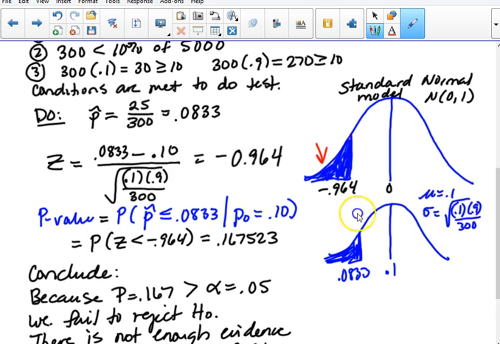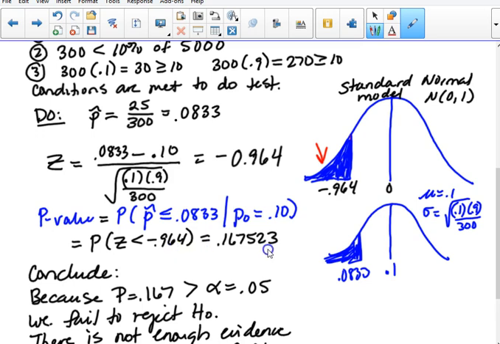So this is the same percentage here as it is here. This is just the standard normal model where we've converted everything into z-scores. So now I want to calculate the p-value, which is the probability that p hat is less than or equal to 0.0833 if the true population proportion is actually 10%. This is the same thing as the probability that z is less than or equal to -0.964.